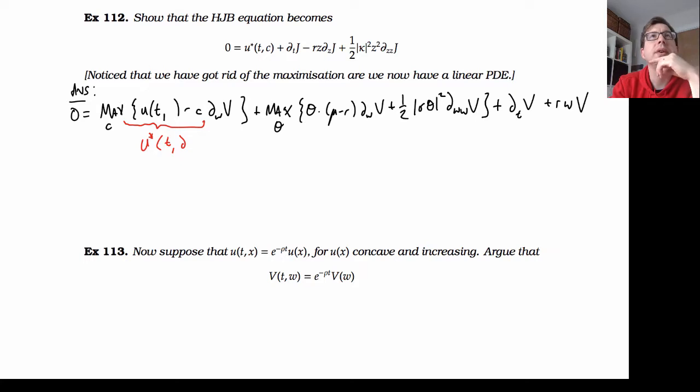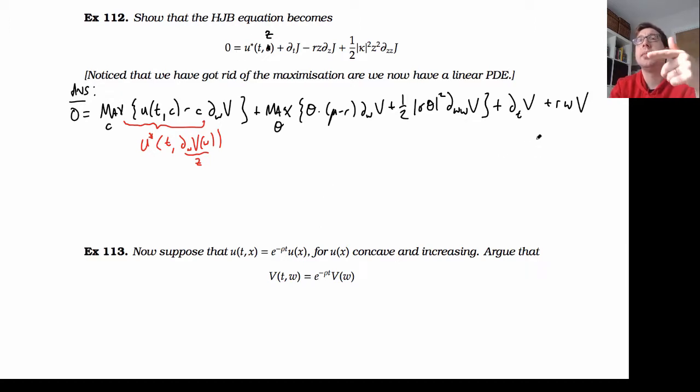This guy should be c, and this guy here should be z. Good. So if I look at this expression here, I should have u star t of the partial derivative of v with respect to w, which is equal to z. So that's the first term here.